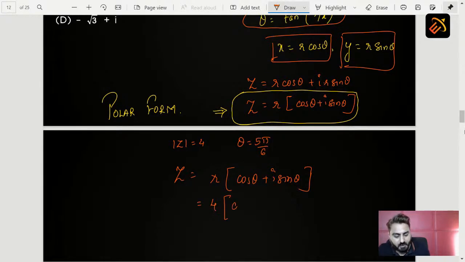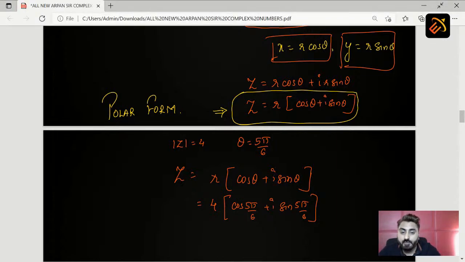So z is equal to 4 into cos 5 pi by 6 plus i into sin 5 pi by 6. Now students, this is putting a value. But in which form do we have to find it? We have to find it in Cartesian form. So to find in Cartesian form, after putting we must substitute. So when you substitute the value, you end up getting the answer as what?